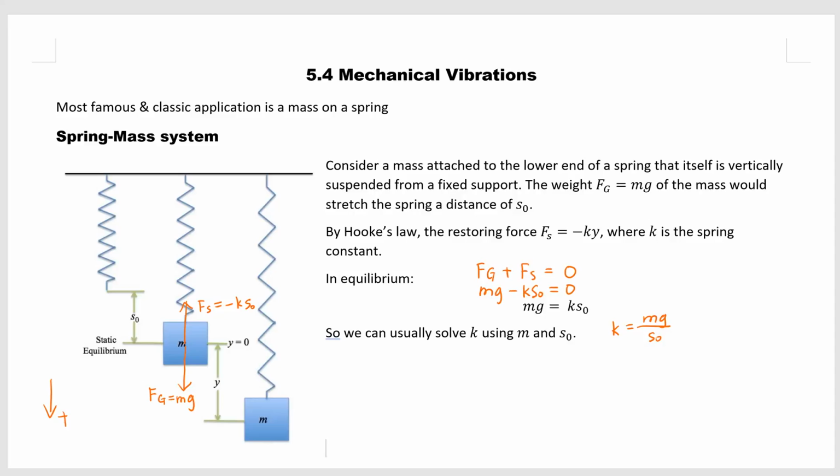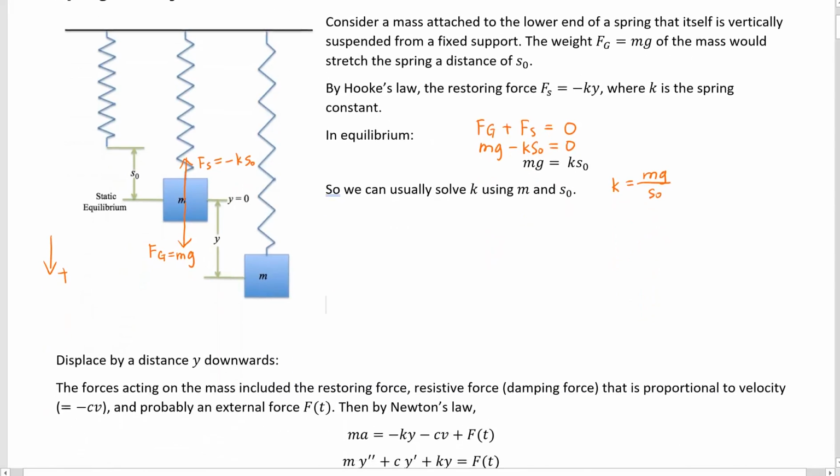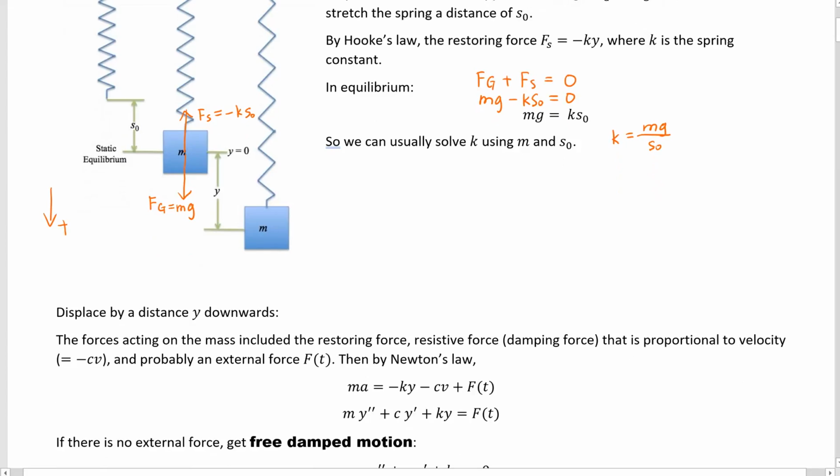Okay. All right. Now, if we apply a force to it, stretch it, and release, well, the forces acting on the spring include the restoring force, the spring force, the resistive force, the damping force that is proportional to the velocity, which is negative cv, and probably an external force F of t.